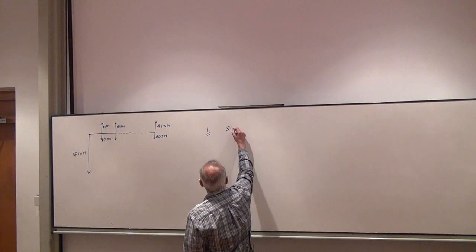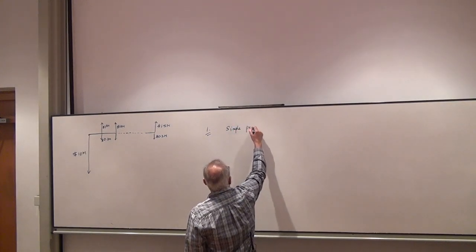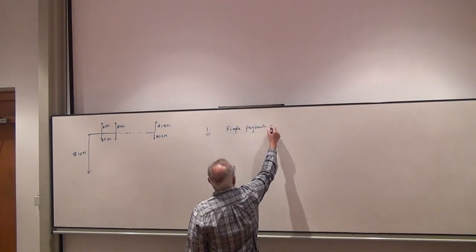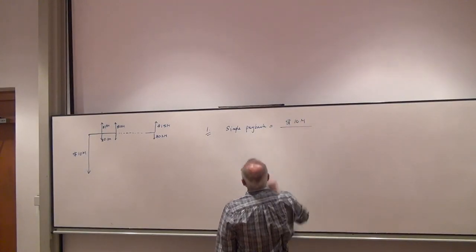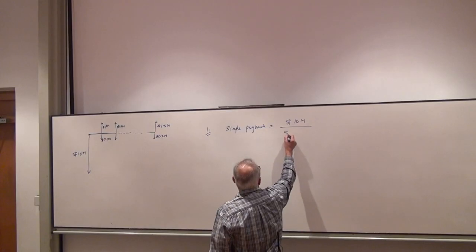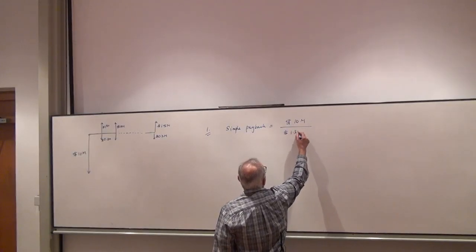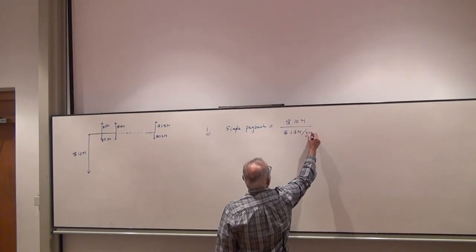So the simple payback period is $10 million divided by $1.3 million per year.